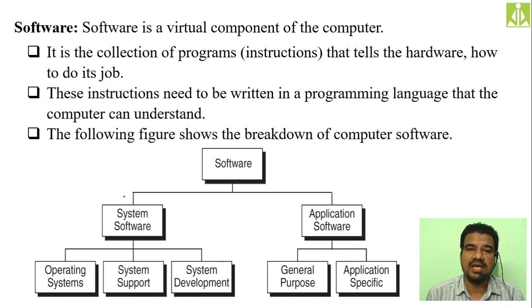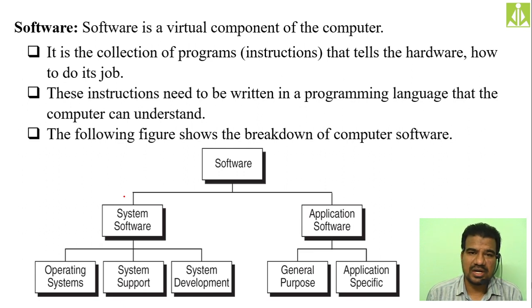Instead of giving the program input again and again, we do it in terms of stored instructions. Those stored instructions are nothing but your software. So software is a collection of programs or instructions that tells the hardware how to do its job. These instructions need to be written in a programming language.